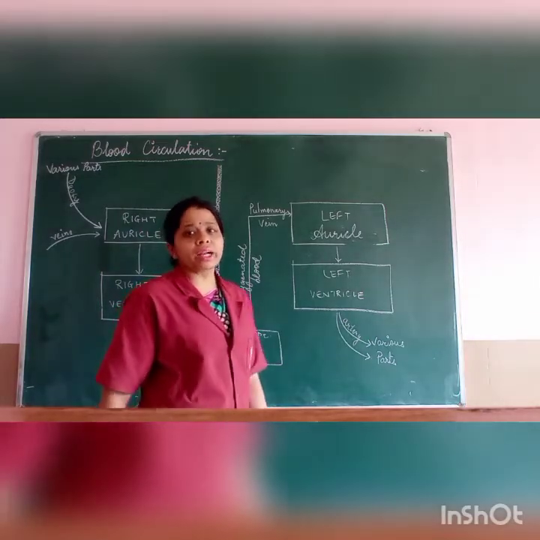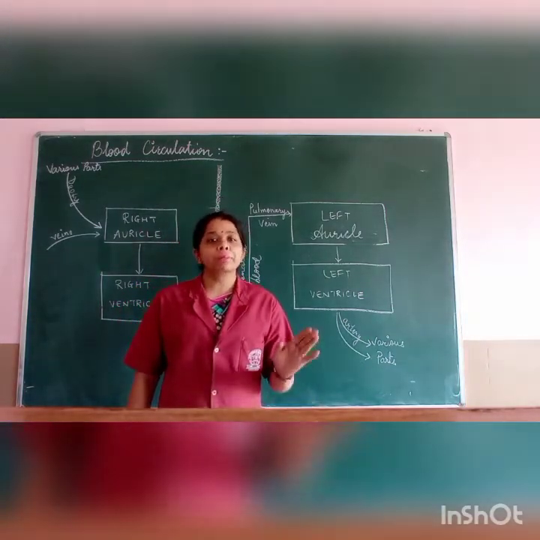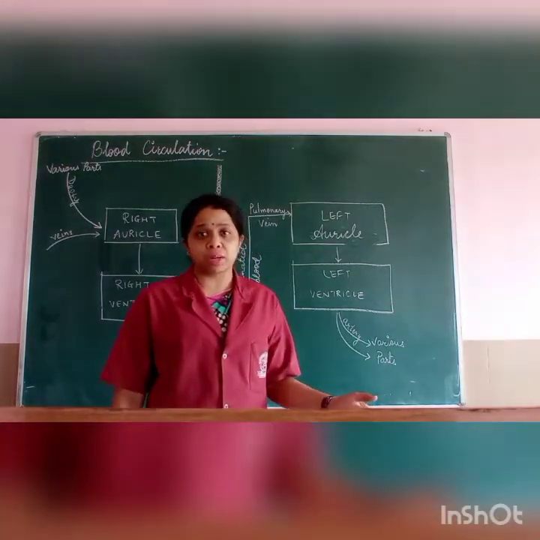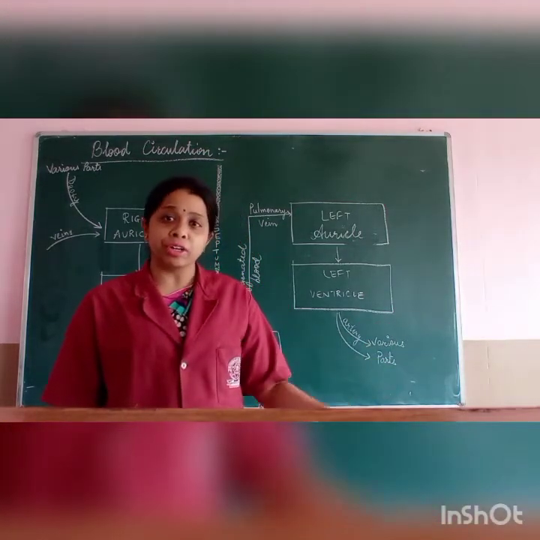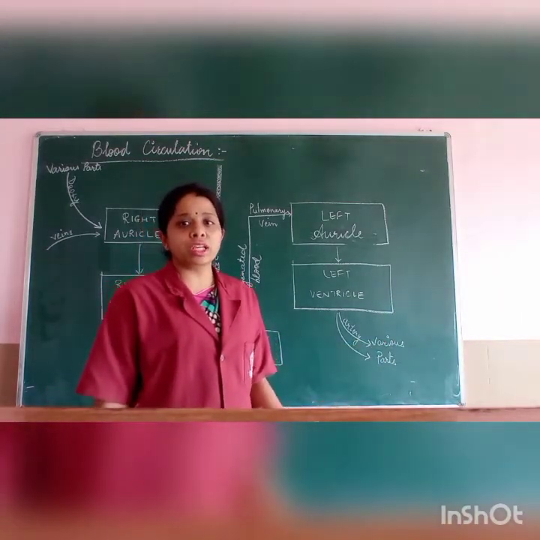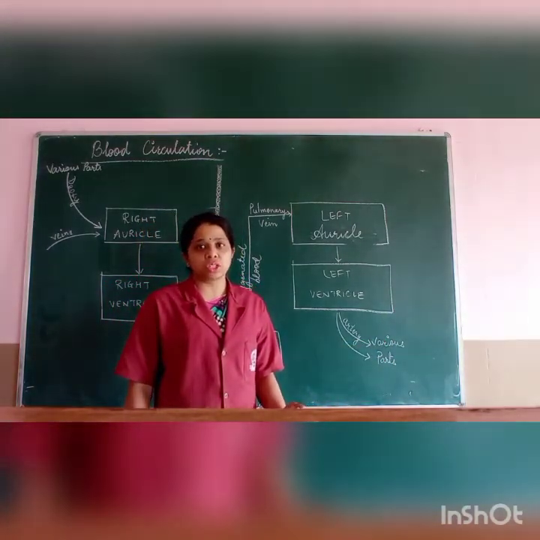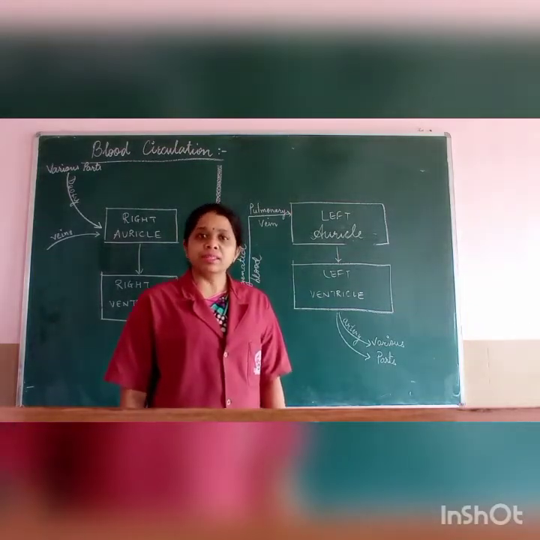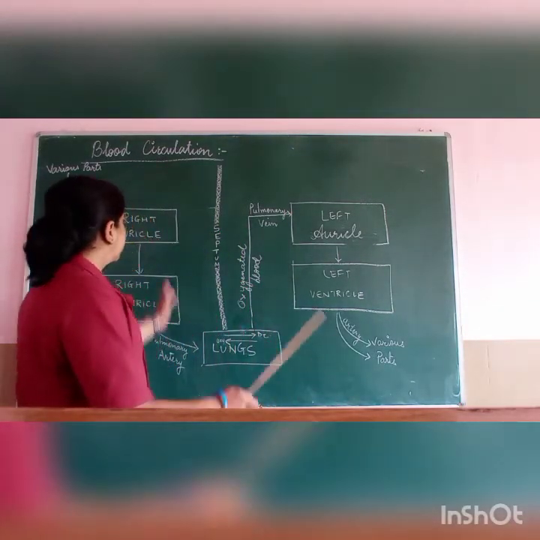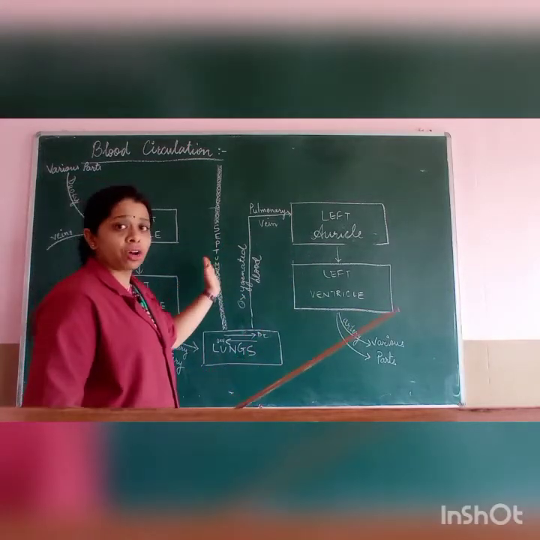You know what kind of blood we require? We require purified, oxygenated blood and not deoxygenated blood. Now it has been filtered properly and the blood which will pass to various parts of the body will be oxygenated blood.